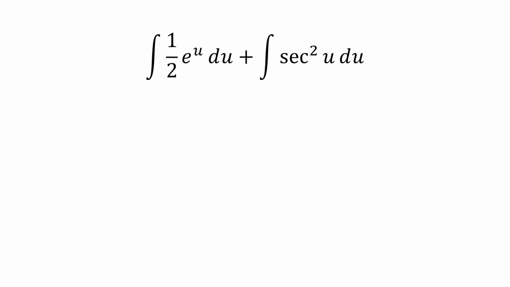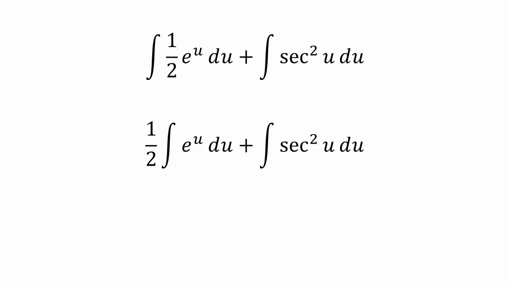Applying the constant multiple rule, we obtain 1/2 times the integral of e to the u du plus the integral of secant squared of u du.